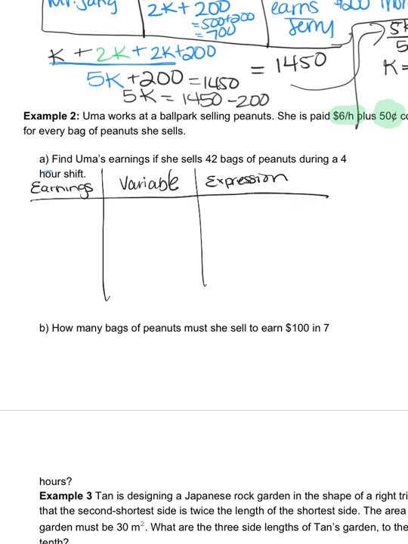The way that Uma is going to make money is by an hourly wage, right? And we know that if we're looking at hourly wage, we can pick our variable H. And the expression here is going to be 6 times every hour because she makes $6 per hour.